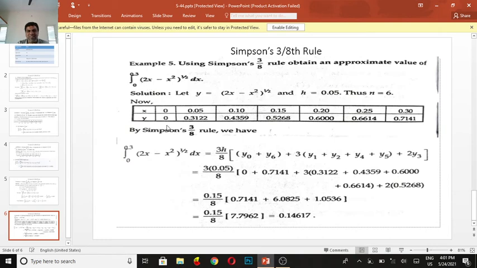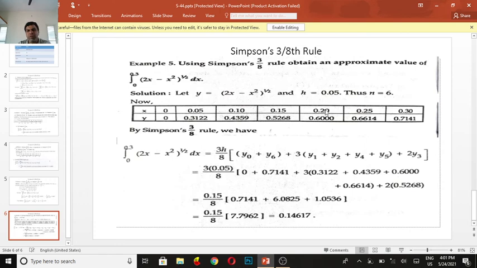So if x is 0, the corresponding value of f(x) should be 0. If x is 0.05, the corresponding value should be 0.3122. If x equals 0.1, the corresponding value should be 0.4359. If x equals 0.15, the corresponding value of f(x) is 0.5268.